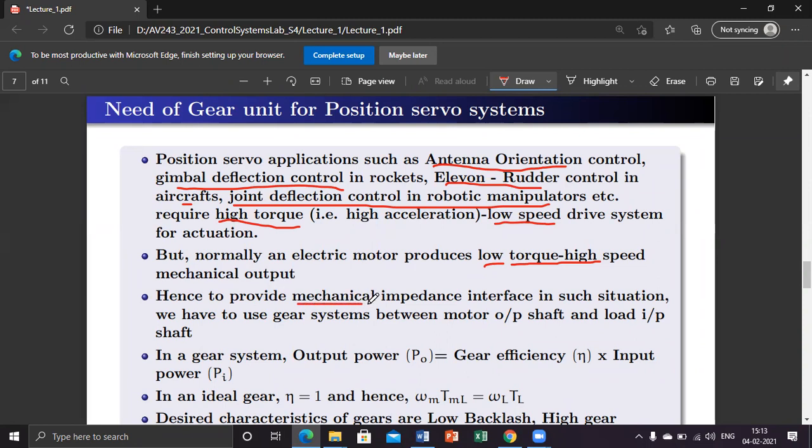Just like an electrical transformer converting a high voltage low current into a low voltage high current output, a mechanical gear system can change a low torque high speed input to a high torque low speed output.